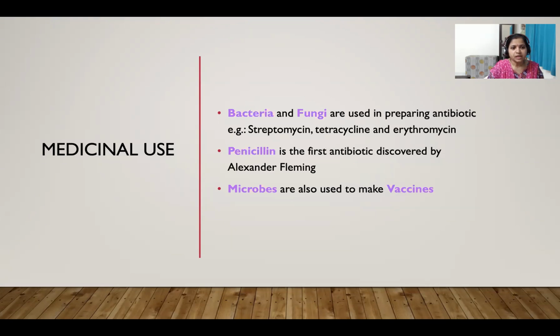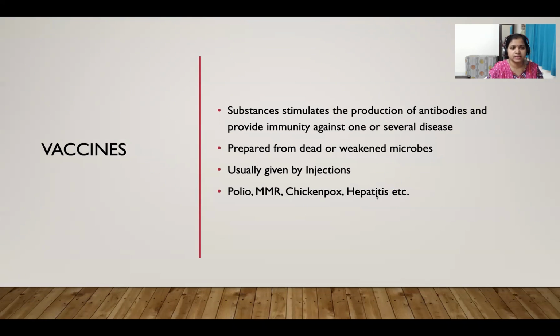Okay, so microbes are also used to make vaccines. So what are vaccines? Vaccines are the substances that stimulate the production of antibodies in our body. Okay, it provides immunity against one or more diseases. So these vaccines are generally prepared from dead or weak microbes.